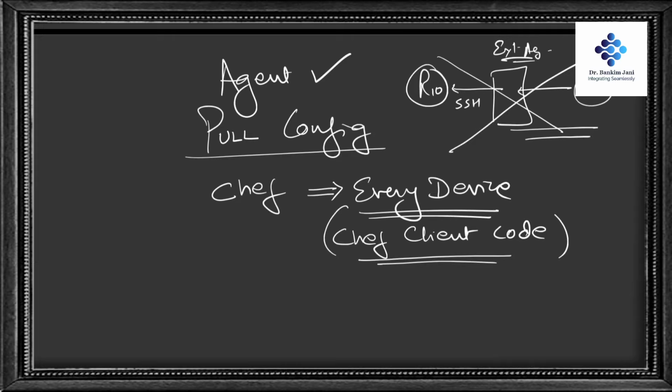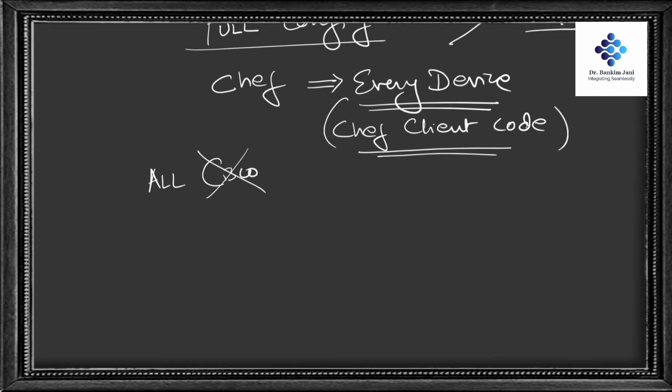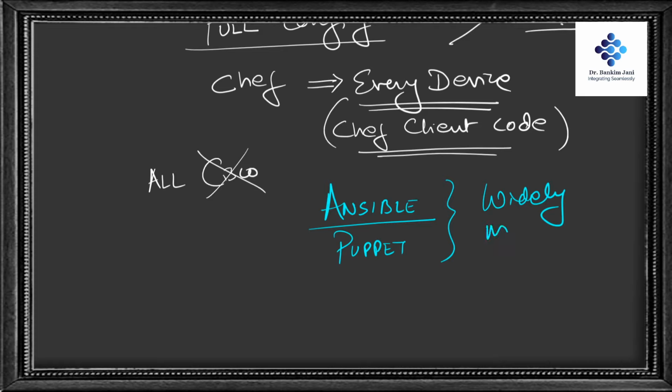So obviously not all Cisco devices will be supported by this. Not all. There are some, but not all. So this is one of the major reasons that in the real world, Ansible and Puppet are used much more. They are widely used. Chef becomes like a specialty.